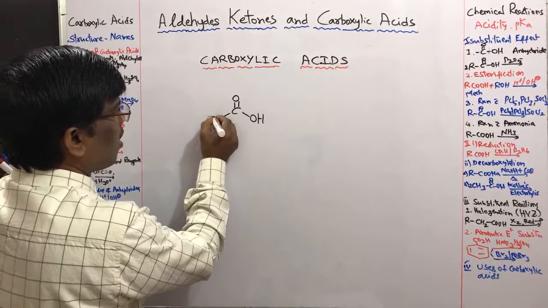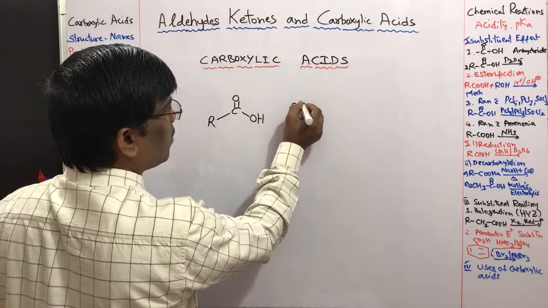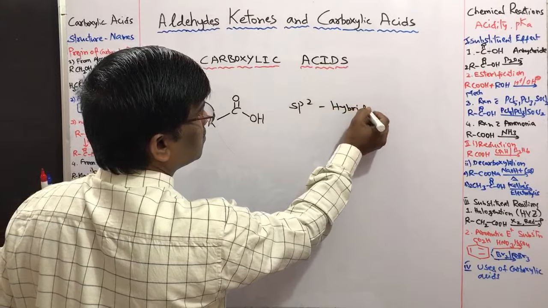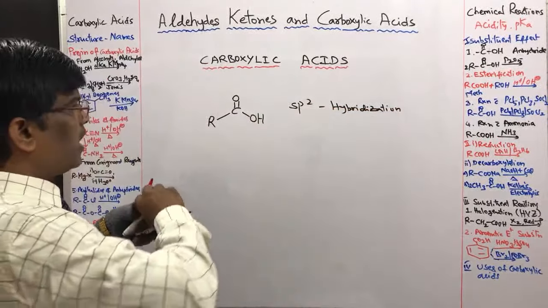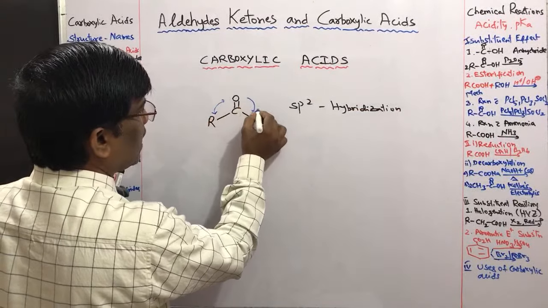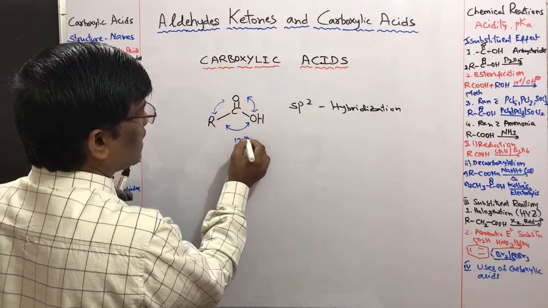This carboxylic acid carbon has sp2 hybridization. Since it is sp2 hybridized, the bond angle is 120 degrees.